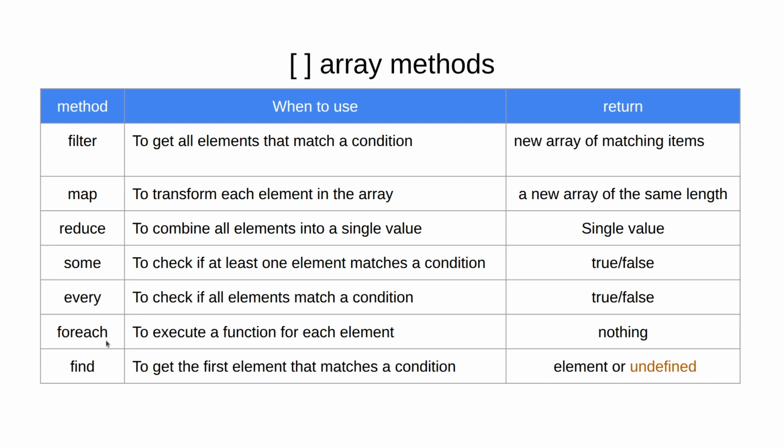The forEach method we use to execute a function for each element. It doesn't return anything, it just executes something. We use it for updating values or for logging. And we use find when we want to get the first element that matches a condition. It will return the element or undefined.